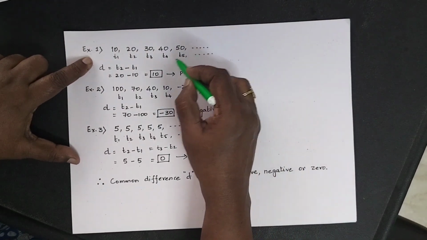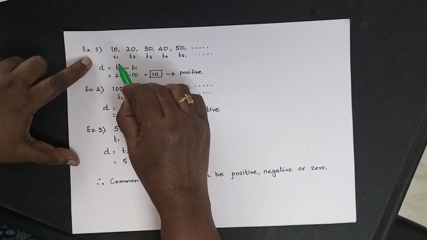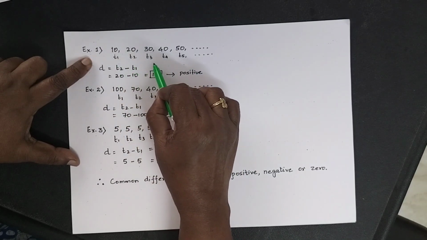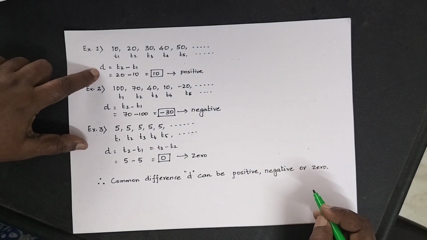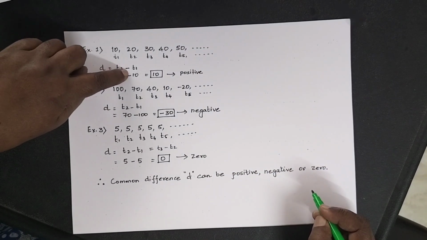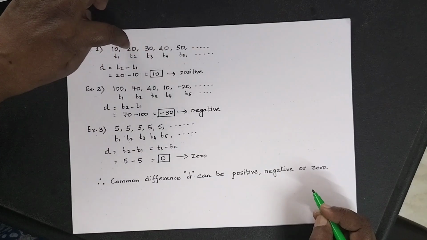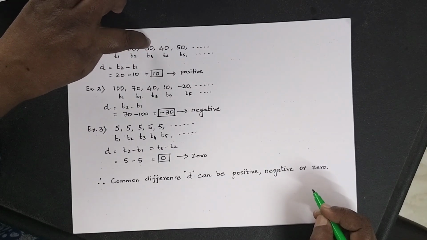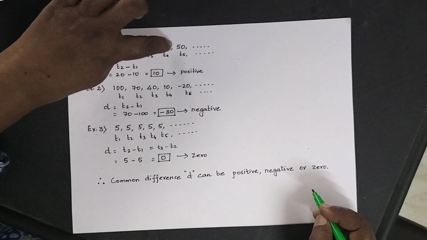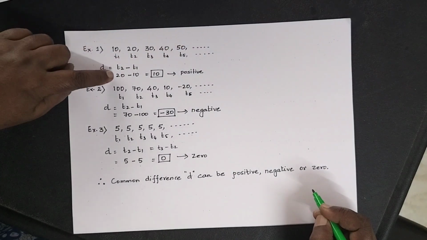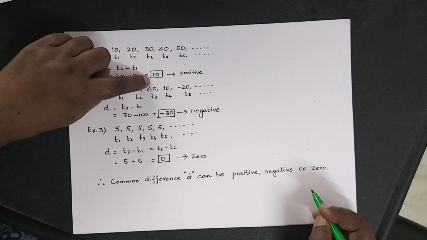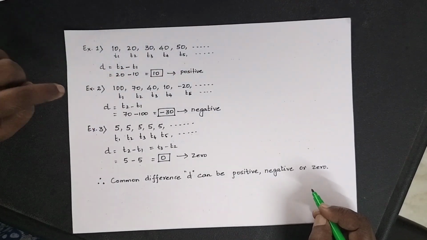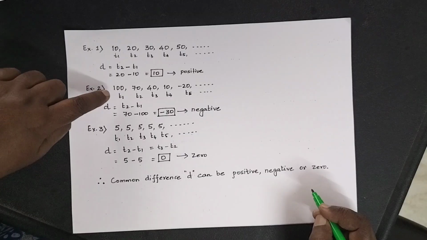In this AP, the terms are represented as T1, T2, T3, T4, T5, etc. How to calculate d? d is equal to T2 minus T1, or you can take T3 minus T2, next term minus the previous term, or T4 minus T3, or T5 minus T4. So T2 minus T1 is 20 minus 10, which is equal to 10. Positive it is.